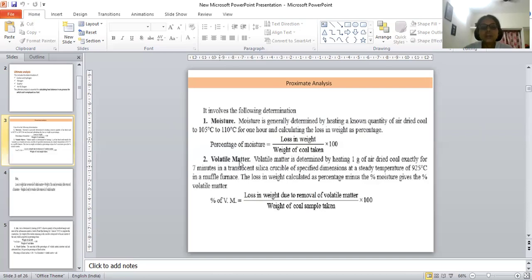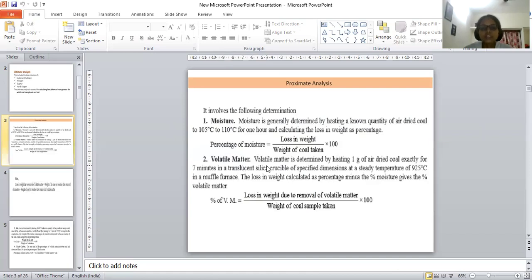The formula to determine the moisture is percentage of moisture equal to loss in weight by weight of coal sample into 100.